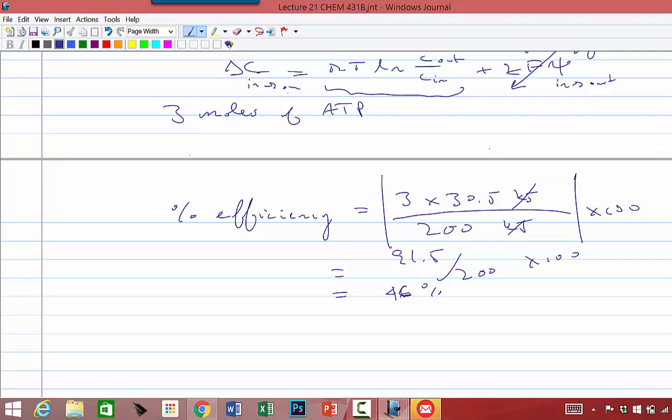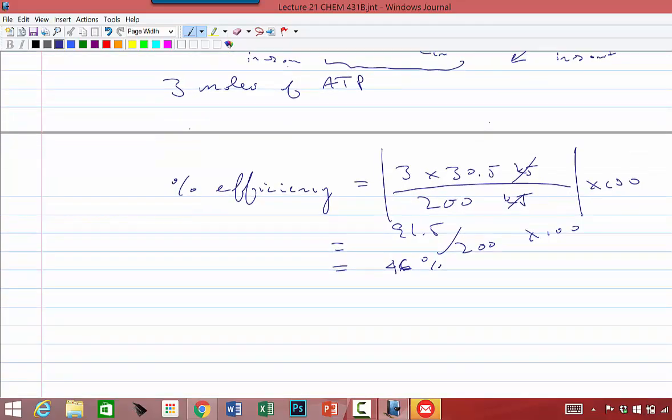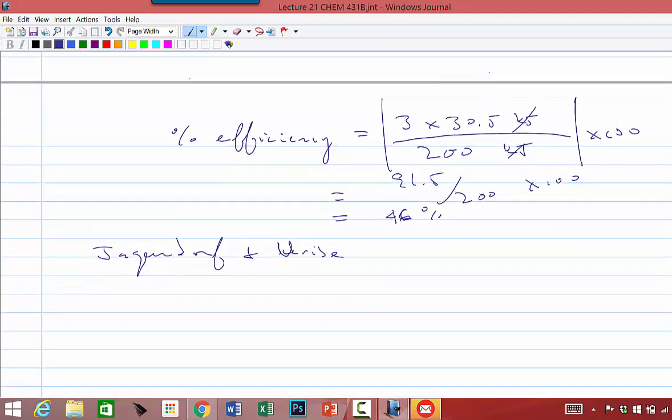Okay. I want to talk about these experiments done by Jagendorf and Uribe back in 1966. Similar to what I had talked about before, they created a gradient across the thylakoid membrane by taking chloroplasts.